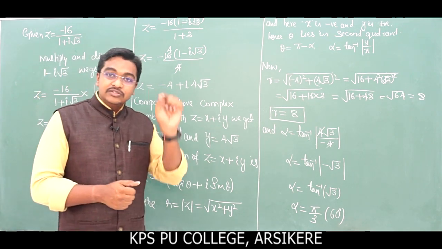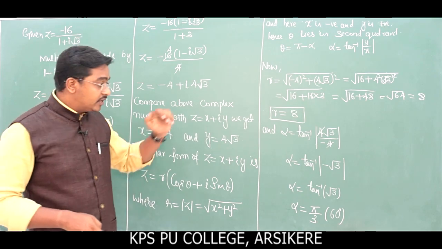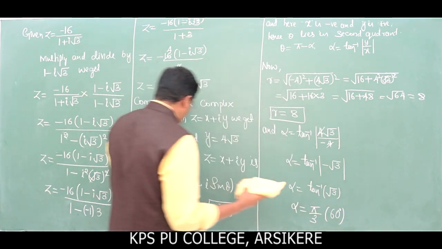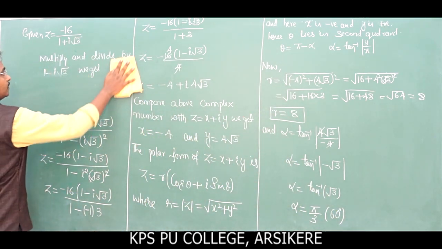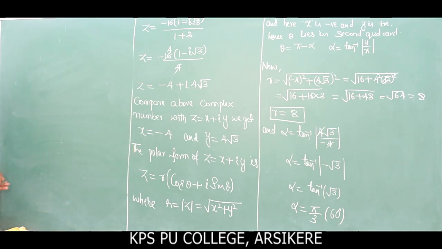So now we are going to write theta in the polar form of the given complex number. Okay, so what we have, alpha is equal to pi divided by 3, and so theta is equal to pi minus alpha, what you have as the expression there.